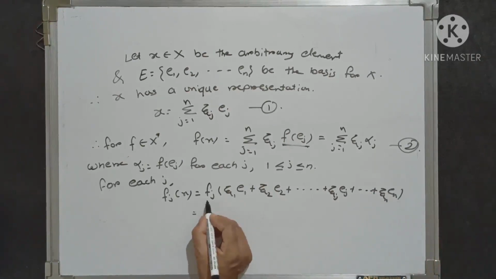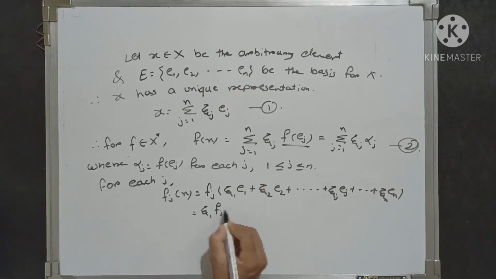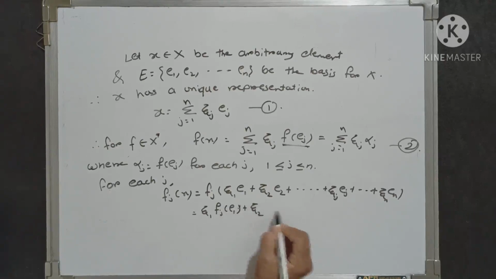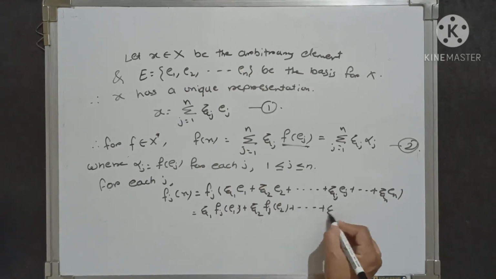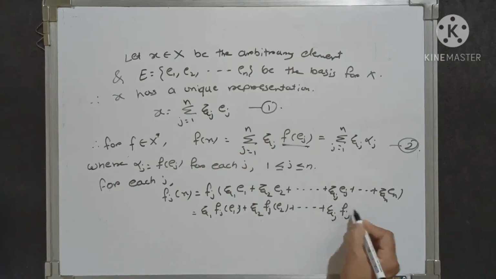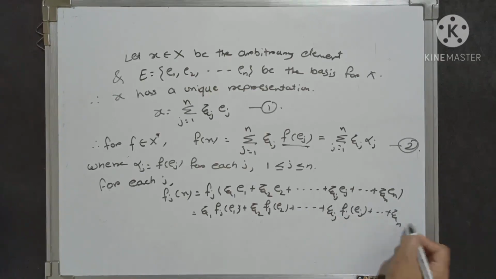Now fj is a linear functional, and therefore we can write it as xi1 fj of e1 plus xi2 fj of e2 up to xij fj of ej up to xi n fj of en.